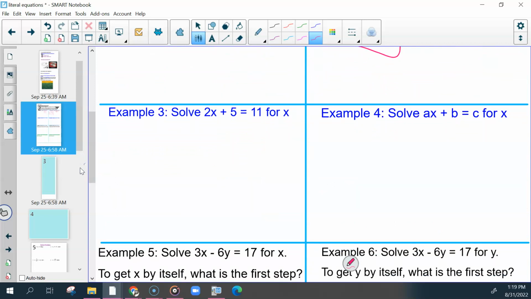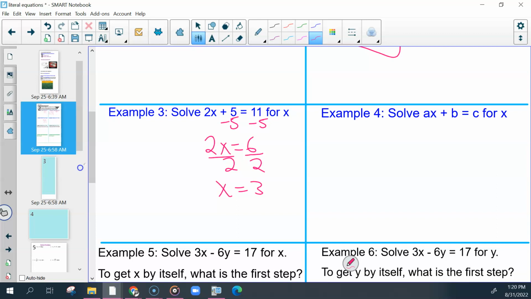Example 3 is back to a regular equation. How would we solve that? Subtract 5 on both sides. 2x equals 6, and then it's back to what we did before, where we divide both sides by 2. Number 4. Go ahead, Precious. We could.